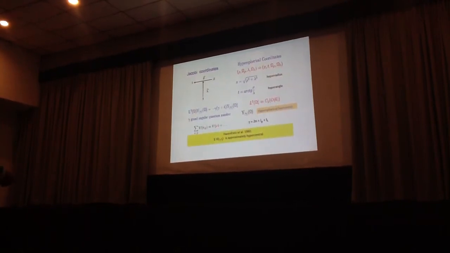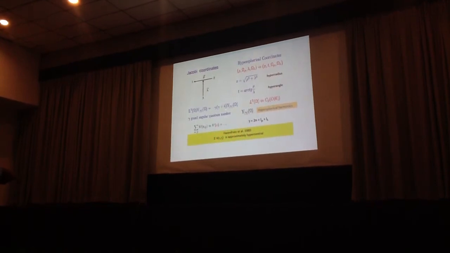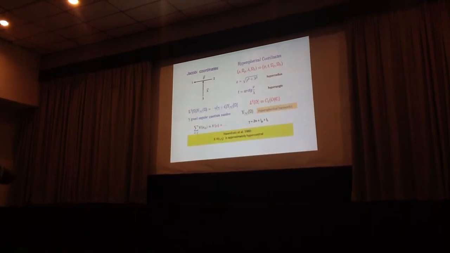The point is that already in the 80s, Hasenfratz and other collaborators, using two-body potentials for describing the quark system, noticed that the behavior was very similar to a potential which depended practically only on x.